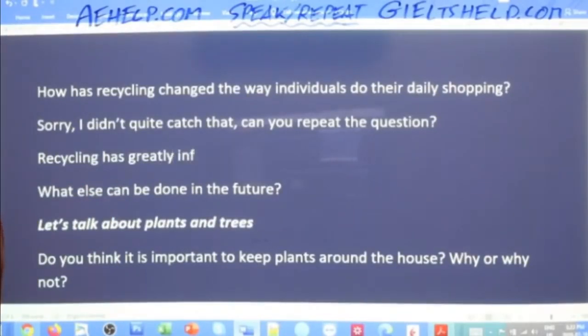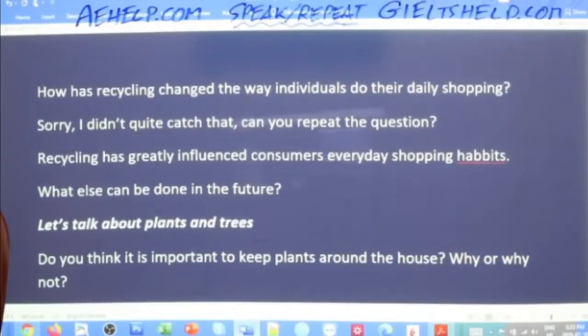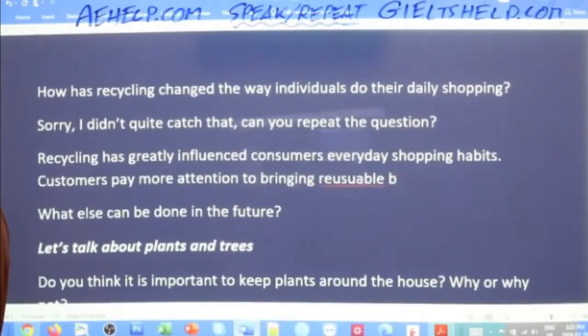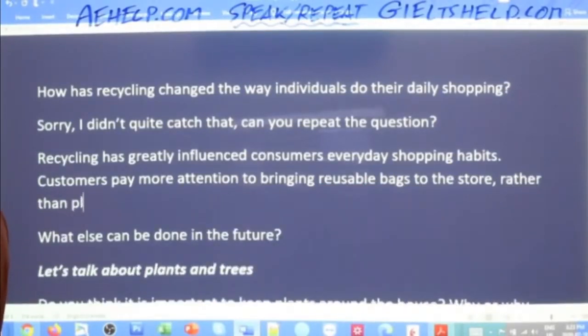So they'll say something like, recycling has greatly influenced consumers' everyday shopping habits. Customers pay more attention to bringing reusable bags to the store rather than plastic bags in the past.